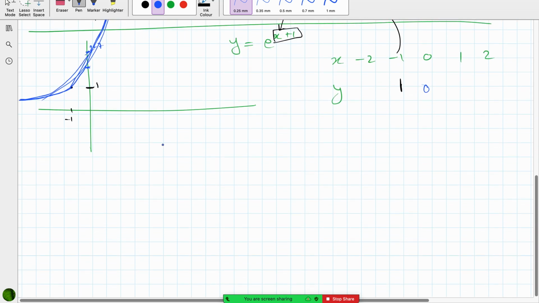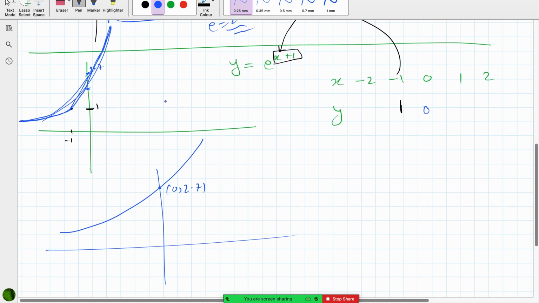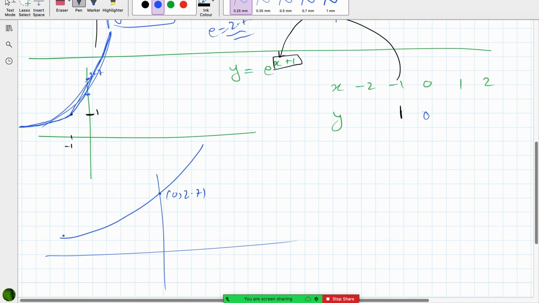Now let me just sketch it a little neater. So it intersects at x 0, y 2.7, and we can check that it becomes closer to the y-axis. Whatever the value of x would be, negative, it would always be positive.